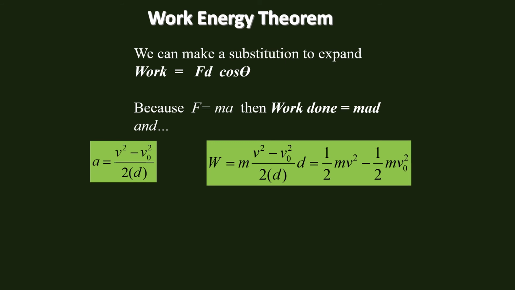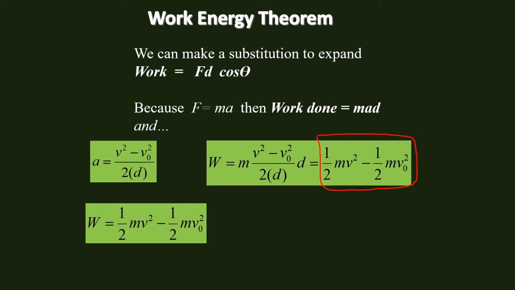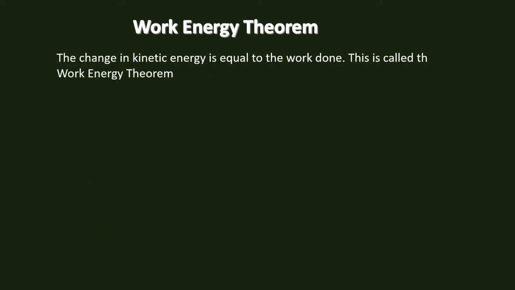This portion right here is the work energy theorem. And so we have it right here. Okay. So the change in kinetic energy is equal to the work done. This is called the work energy theorem.